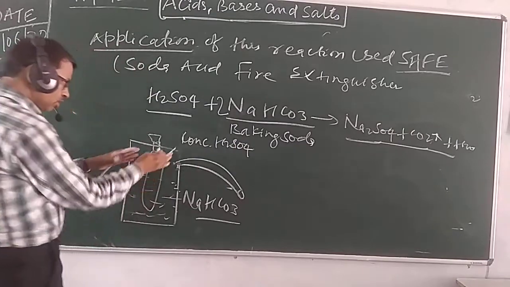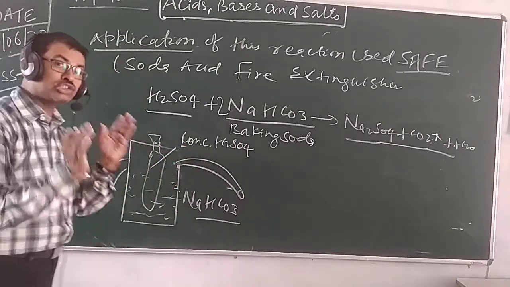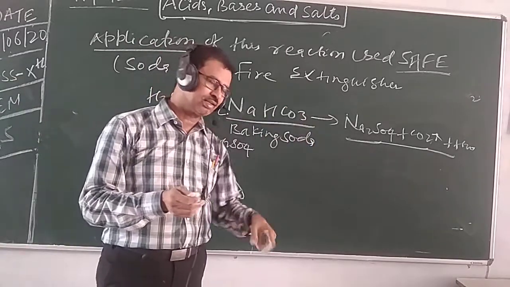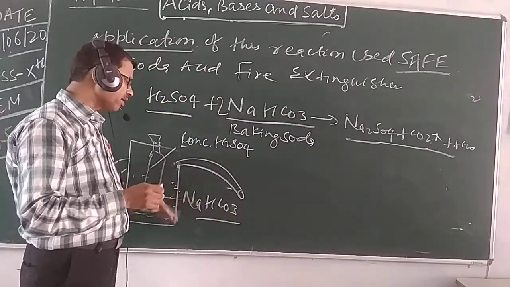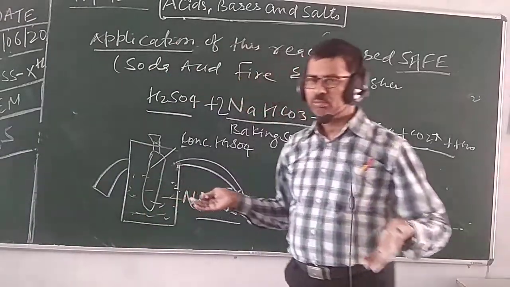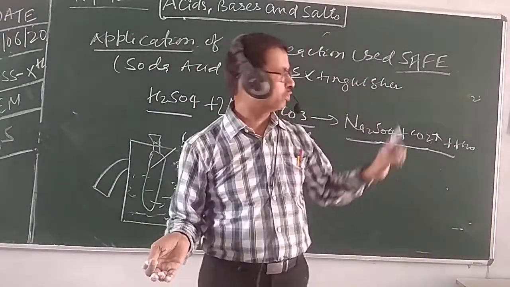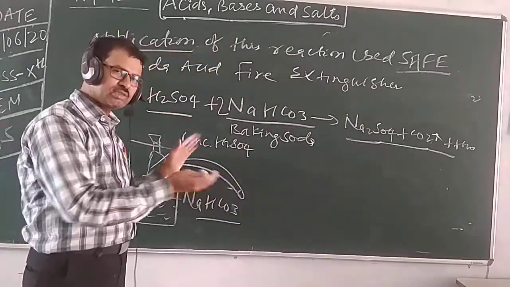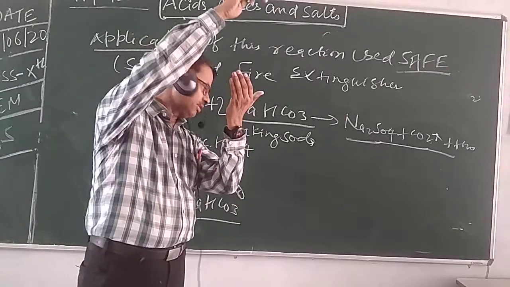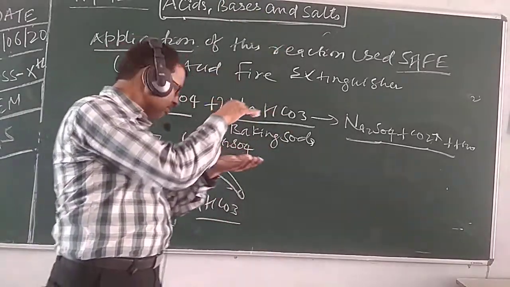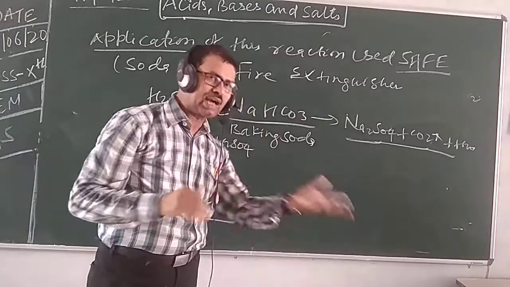So why is the conc H2SO4 in that glass tube? It is inserted inside the metallic cylinder. The reaction does not take place already, but whenever you require it for extinguishing a fire, you just invert this cylinder and make a jerk on a hard surface.